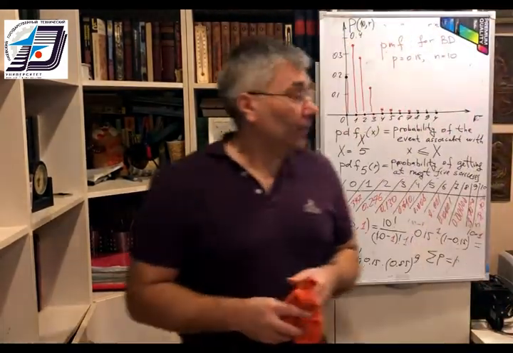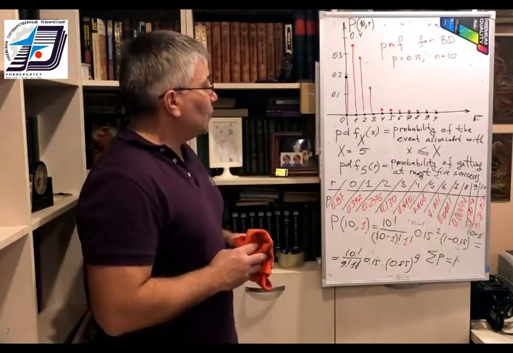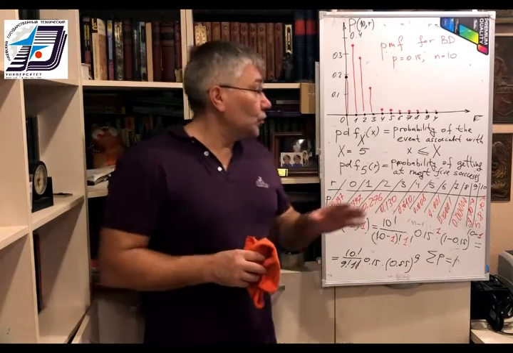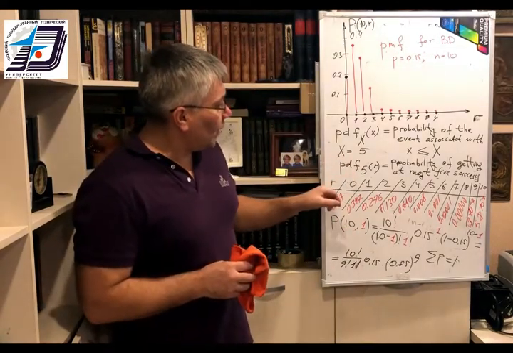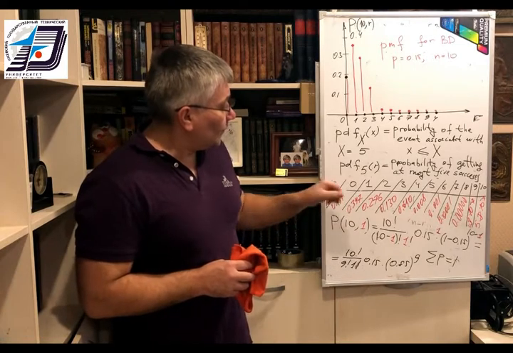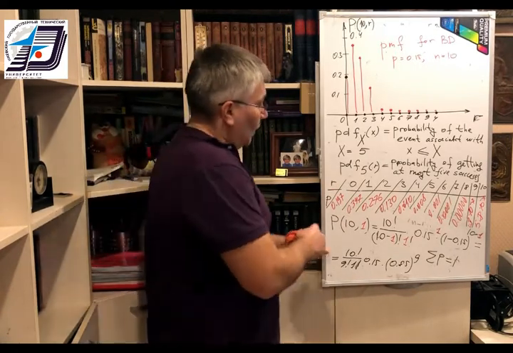So that is the concept of the probability distribution function. To plot this graph, we have to recalculate these numbers and make one more table.